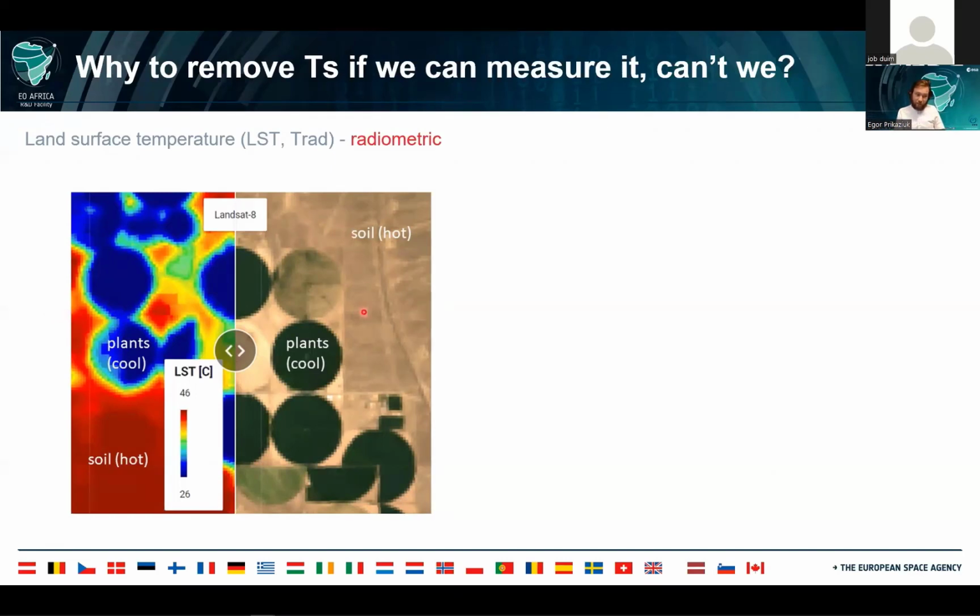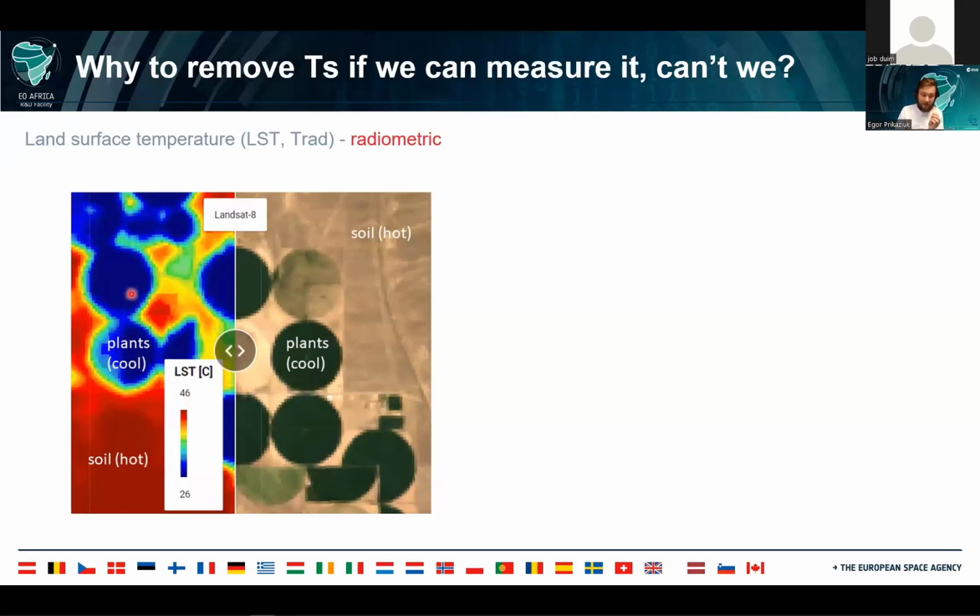So what does it have to do with us? You see here bare soil, and you see here patches of irrigated land that is called pivot irrigation. There is a machine that moves around this polygon and irrigates it. That's why something can grow there. But here is bare soil, here nothing grows because there is not enough water. Nobody irrigates there. But if we look at it from a land surface temperature perspective, we will see that the bare soil is very, very hot, like 46 degrees.